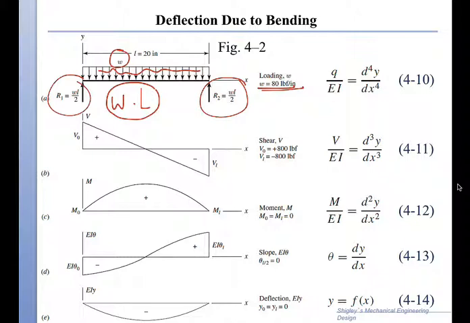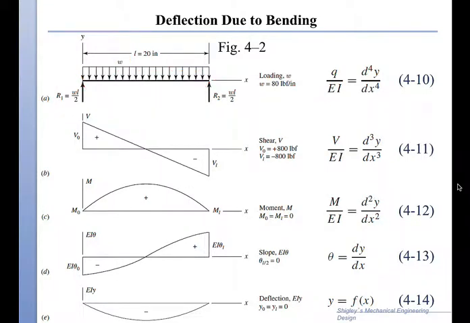actually the force diagram. So from the force diagram, we usually compute the shear force diagram, and for the shear force diagram, we start from the left side. We have a concentrated force of WL over 2, and that will be basically V0.